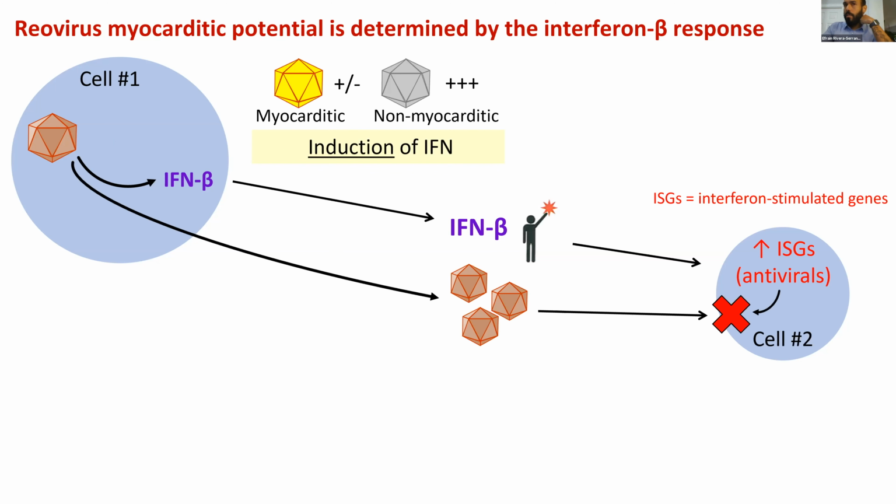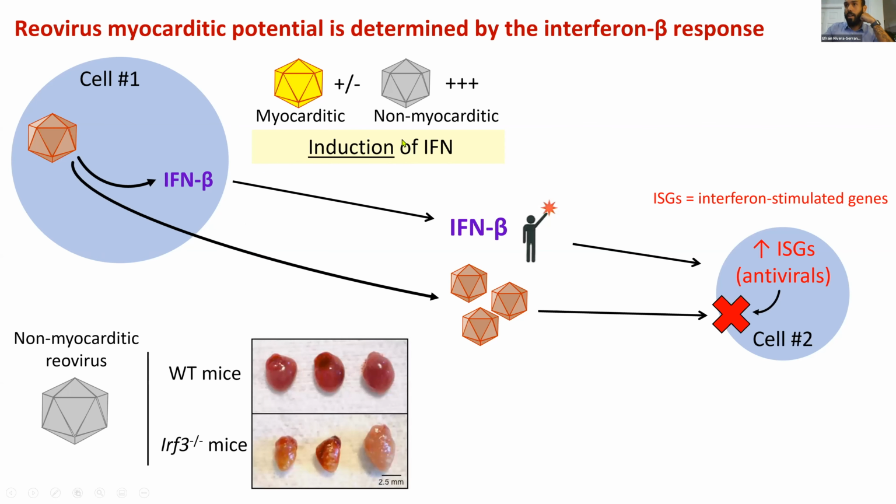And so when you think about viruses that cause myocarditis, they don't want this response to happen because then the infection will get blocked. So you have that correlation. A virus that induces a lot of this response is going to have a really hard time. Just imagine a virus in that alarm is letting the whole body know. You're never going to get past that very first round of infection because you will get blocked.